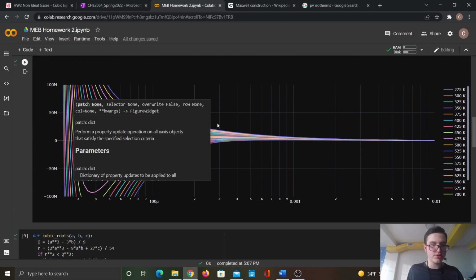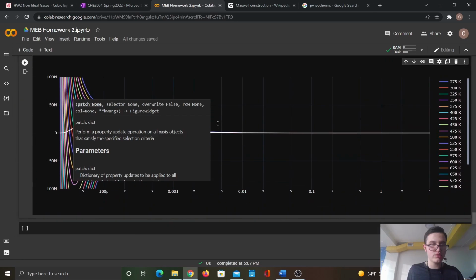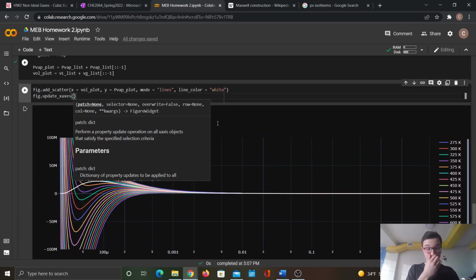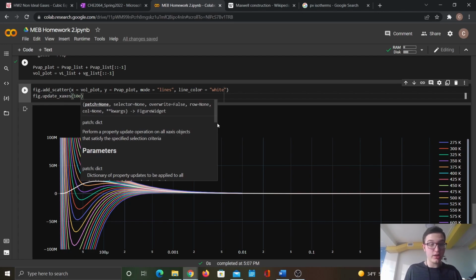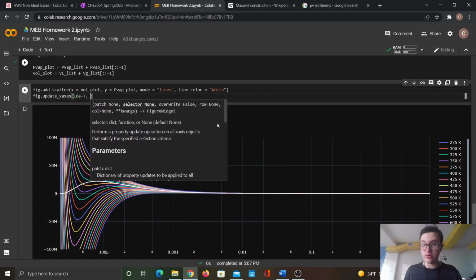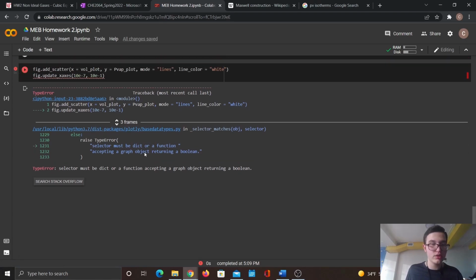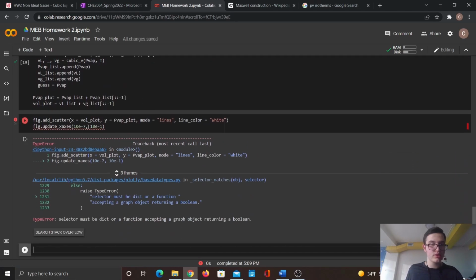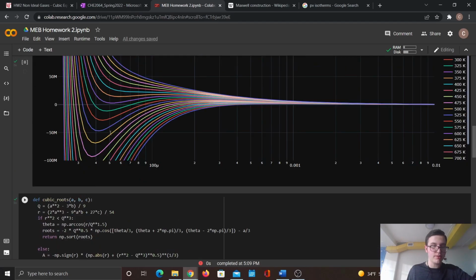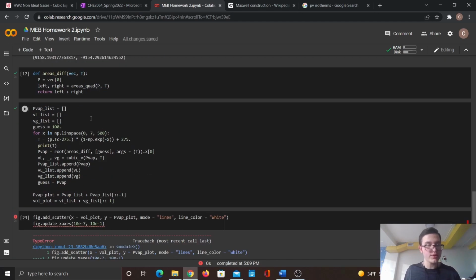This is 1, 10e-7 to 10e-1. Enter. Oh, range, damn. Range equals.